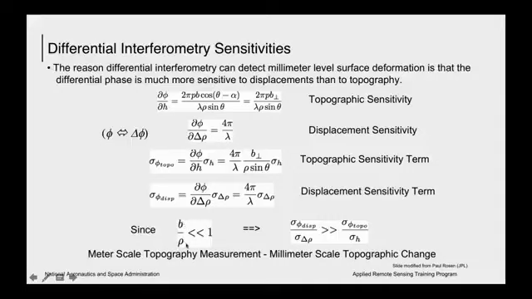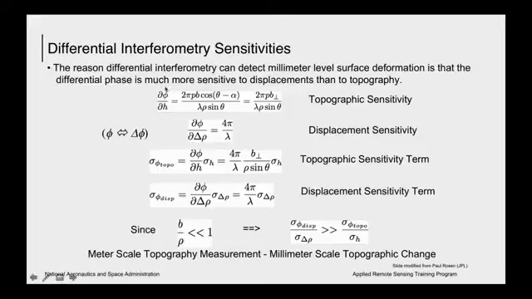And as it's written down here, almost always you have to have the baseline b be much smaller than the total range. Say for the space shuttle, we had a baseline of 60 meters, and the total range to the ground was around 400 kilometers. So that's a very big difference.